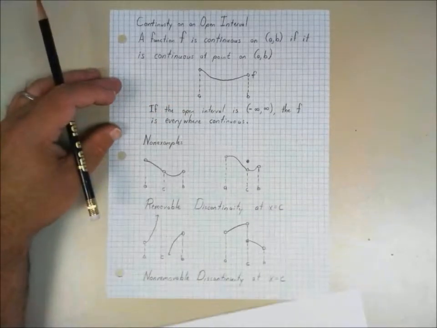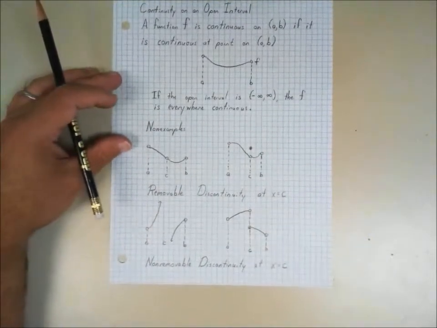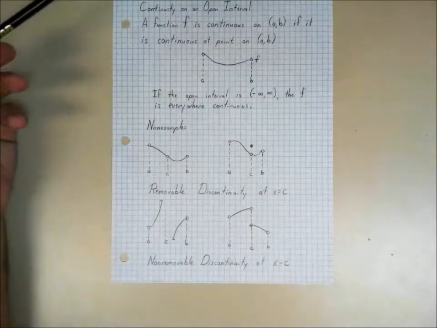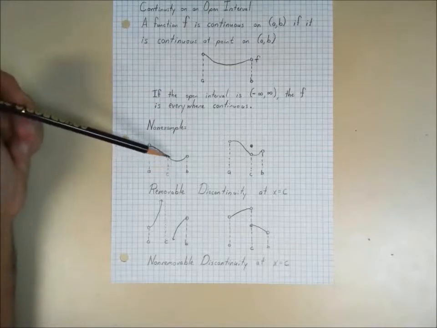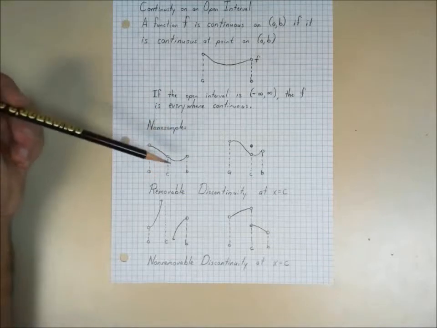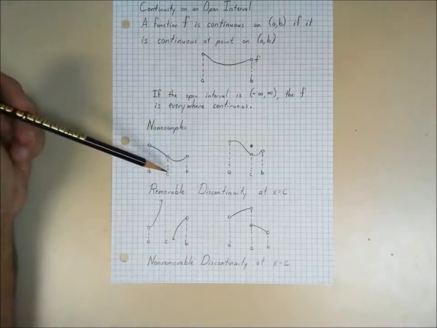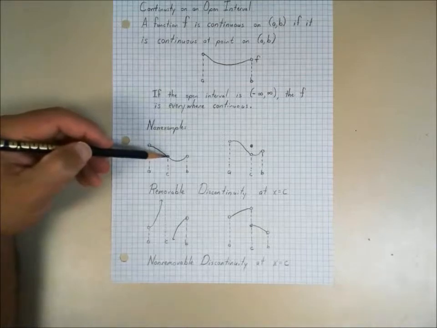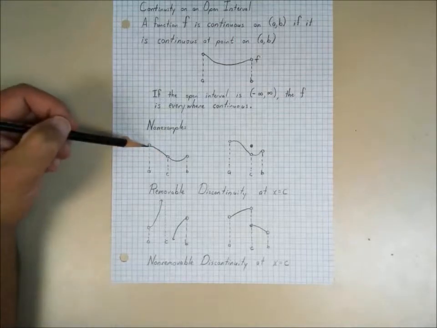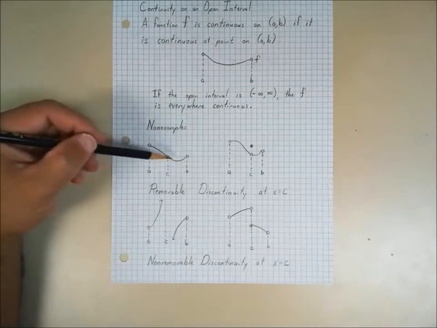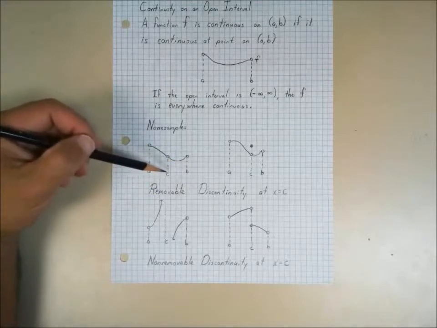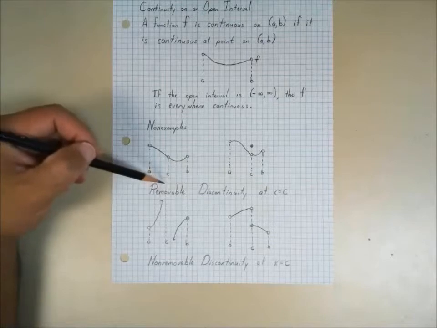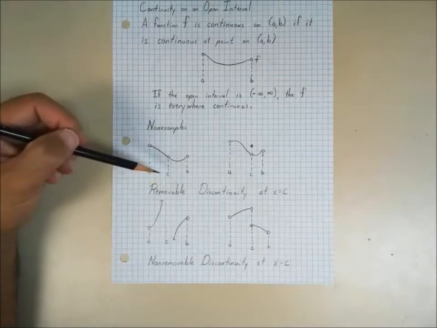To show you some non-examples, there are also some important terms with the non-examples. Here you have what is called a removable discontinuity at c. What that means is if you could redefine c, in fact, if you could just fill in that circle at c, then it ends up being continuous throughout that open interval. So it only takes a redefining of c, and this would change from discontinuous to continuous.